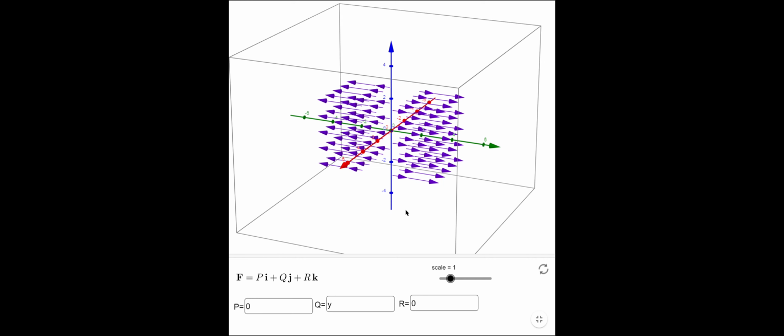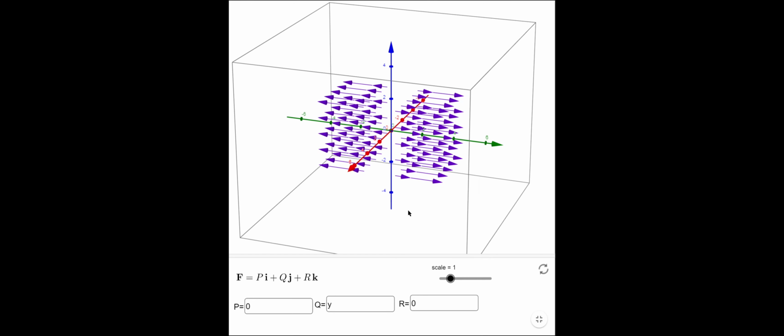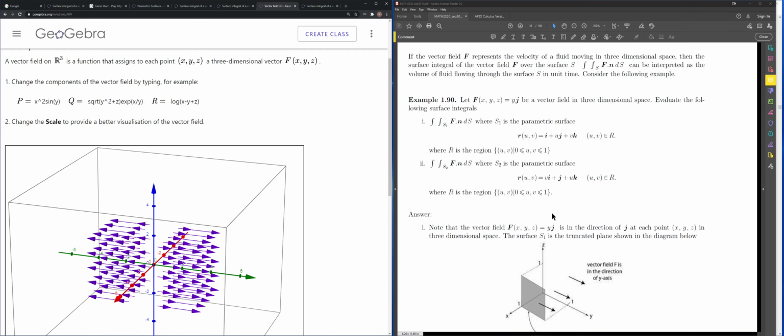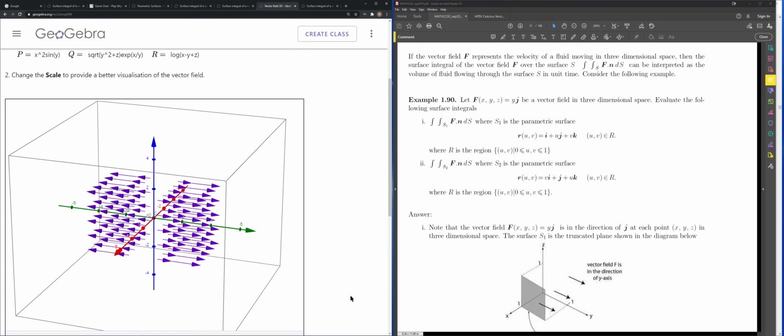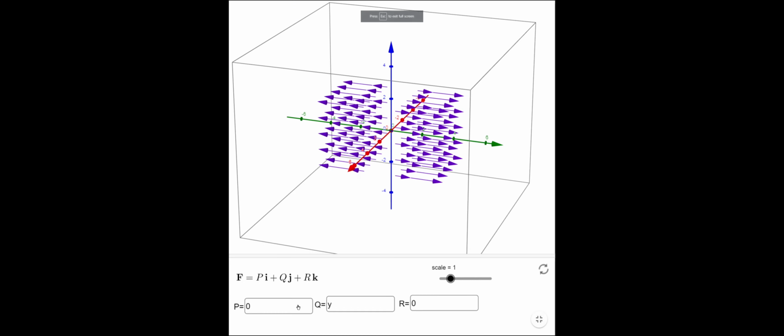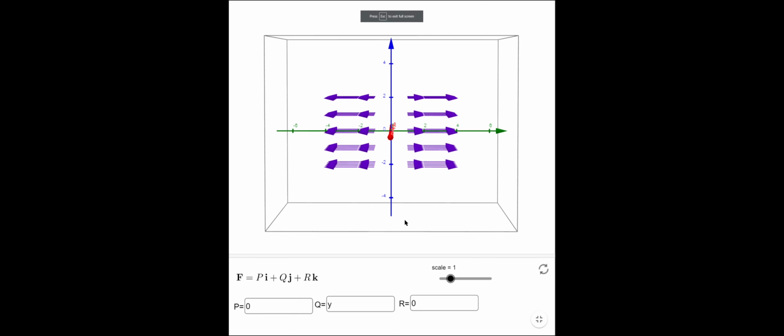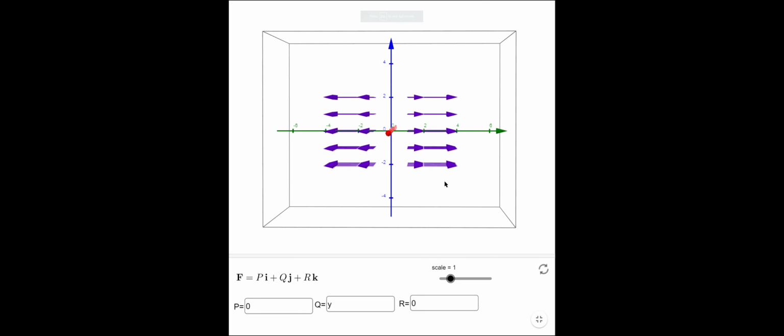So if you're looking at a vector field which is yj, what that means is that on this side of your three-dimensional space, the y is bigger than 0, so the vectors will point in the direction of the green y-axis over here. But over here the y is negative, so if you have yj, it's going to point in the opposite direction of your y-axis.